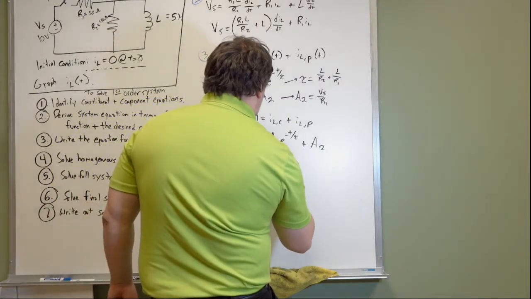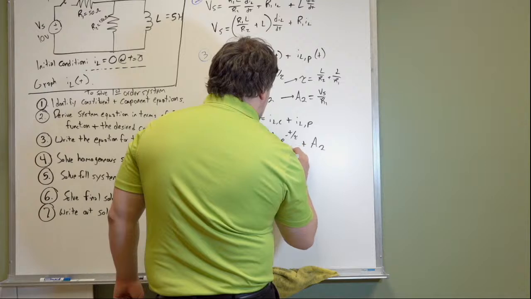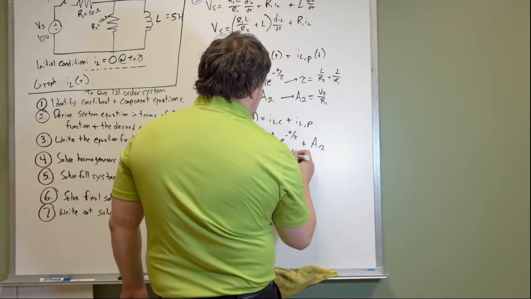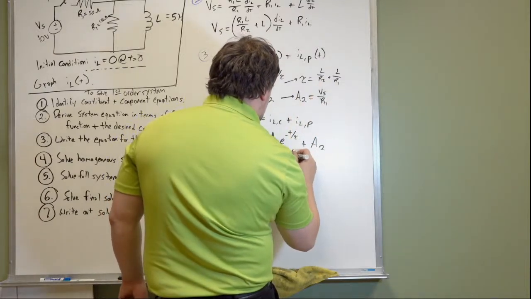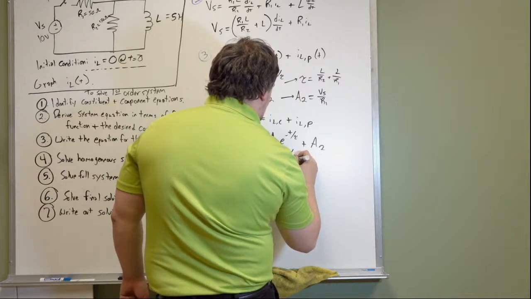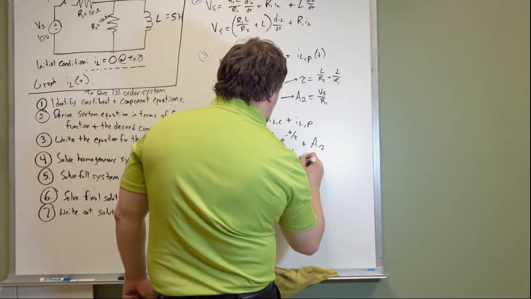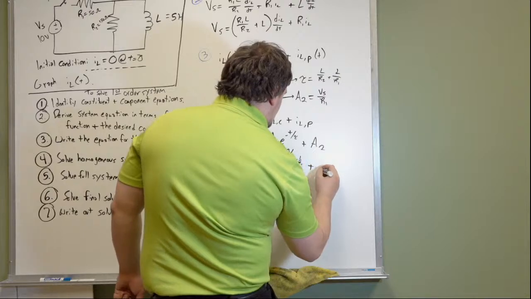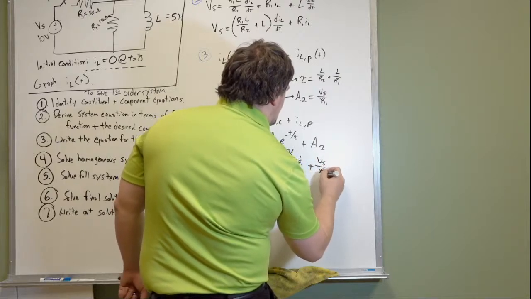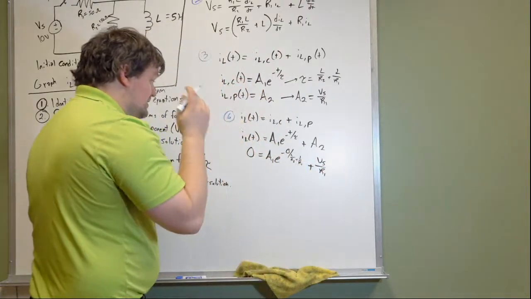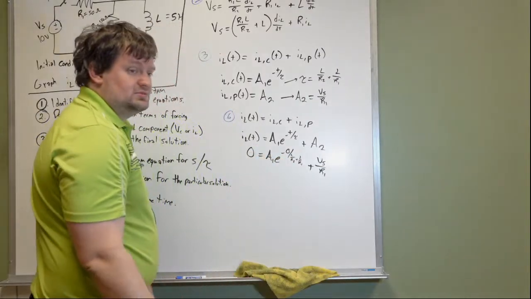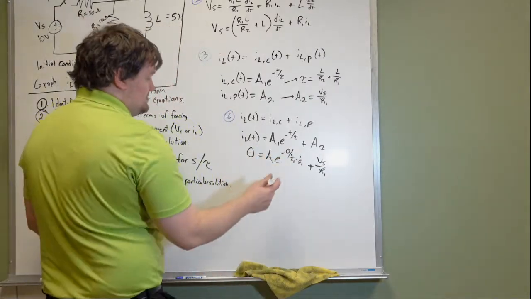0 is equal to A1 e to the negative 0, because we're replacing t with 0, divided by L over R2 plus L over R1, plus Vs over R1. Now, when you evaluate this at 0, the exponential ends up just being 1.